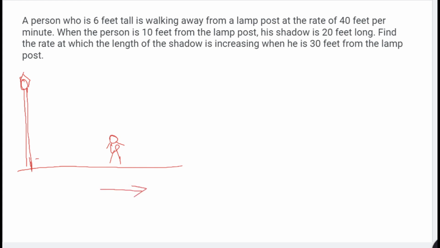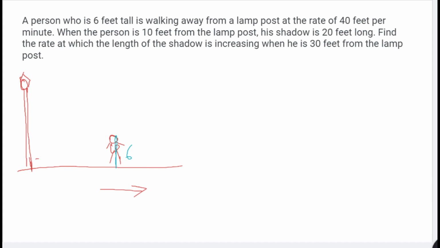Say it's pointing that direction, walking away from a lamppost. All right, and with that we try to label already things we know. The person is 6 feet. The height of the person is 6 feet.